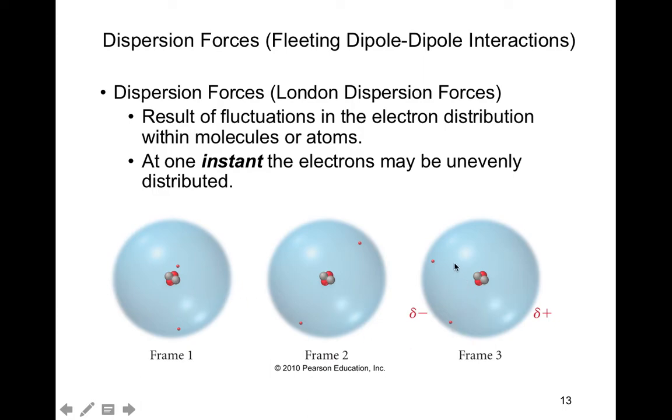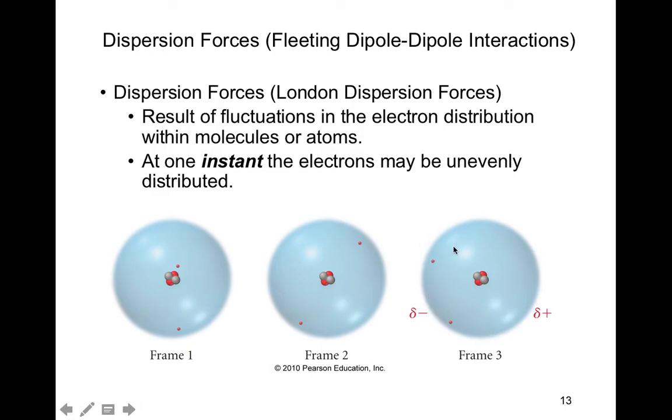But if we happen to find ourselves in a situation, just as the electrons are flying around, that both electrons are on the same side of the atom, because the electrons are essentially concentrated, that's going to give that side of the atom a partial negative charge. The other side of the atom that is electron deficient is going to have a partial positive charge. So this is kind of like a dipole moment, but it doesn't last, right? Because these electrons are not staying here, right? They're zipping all around. In fact, once they find themselves in this configuration and being next to each other, they don't like it, right? They're going to go away.